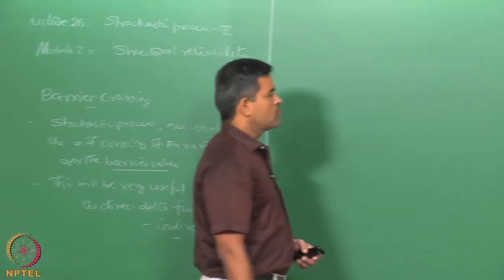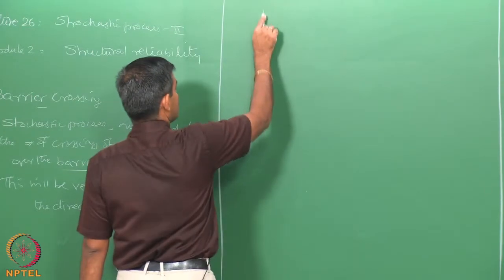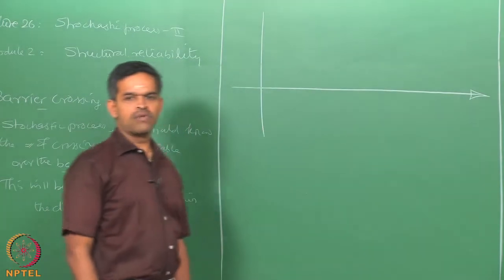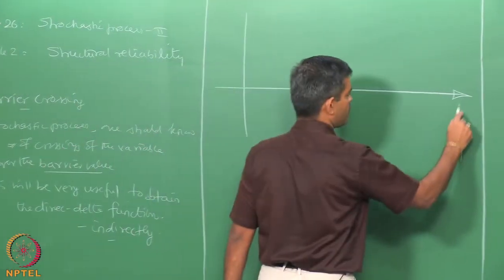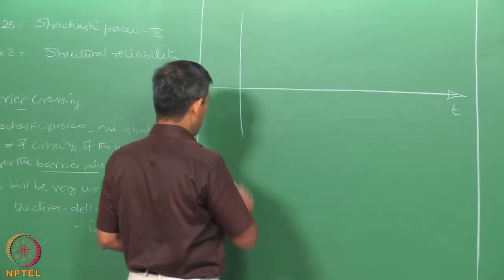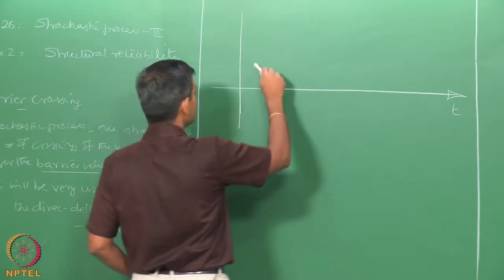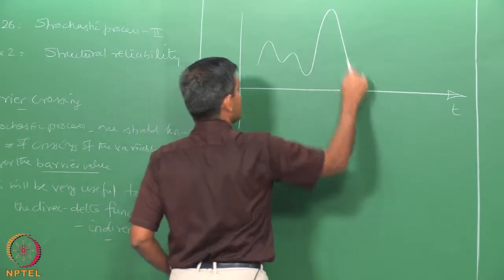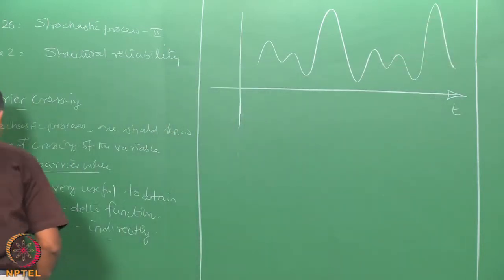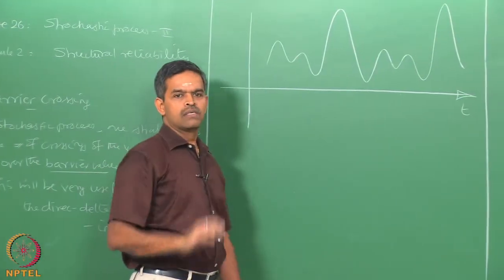Let us try to understand the realization of a stochastic process again. Let us say we draw a stochastic process variable, the space of event or the index is T. Let us say a signal typically looks like this. Let me draw a threshold value which I am going to indicate in my analysis.